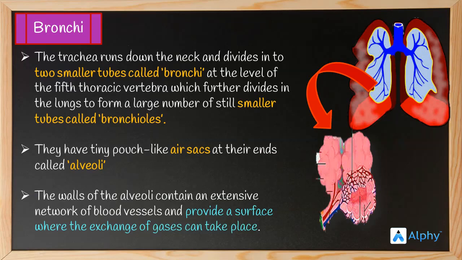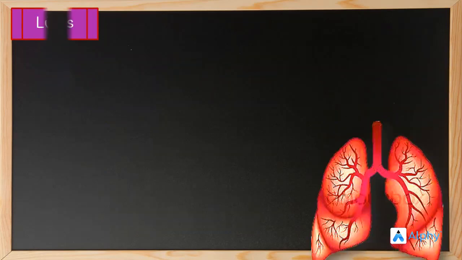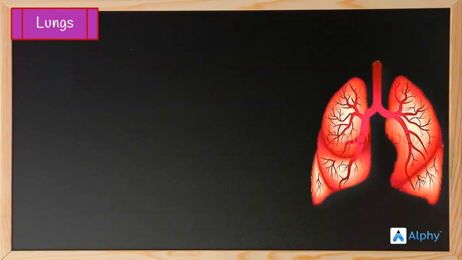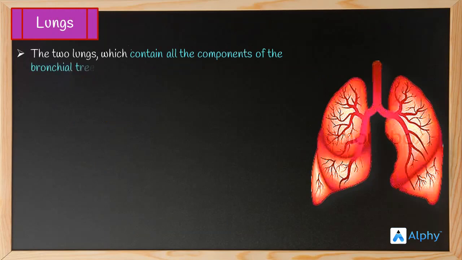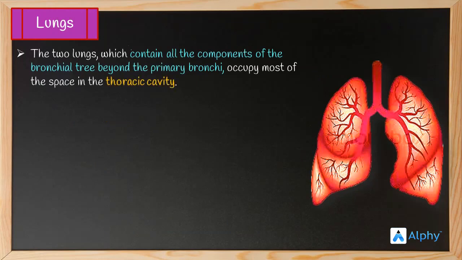Okay. Now, when we talk about these bronchi and alveoli, where are they exactly present in the body? Well, exactly in the lungs itself. So now moving to the last part of our respiratory system, which is the lungs. Now there are two lungs in our body, and the two lungs, which contain all the components of the bronchial tree beyond the primary bronchi, occupy most of the space in the thoracic cavity.